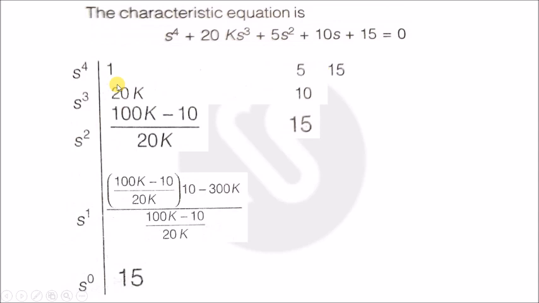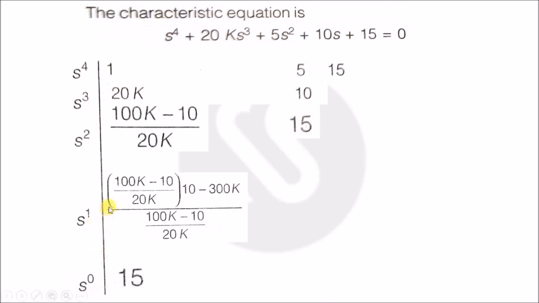You can see we have tried to make this positive, and we have made this positive. We try to make this positive, and we can make this positive. But when you try to make this one positive, it is not possible to make the system stable. Whatever the value of k will be, this term becomes negative.